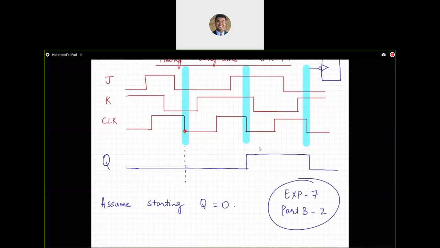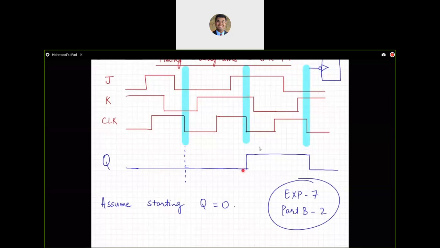At the first negative edge we have both K and J as 0 as shown, which means that it is going to be in the store state. So if it was 0 earlier, it's going to continue to be a 0 after the negative edge. When the second negative edge of the clock happens, both J and K are 1, 1, which means that we are in the toggle state.